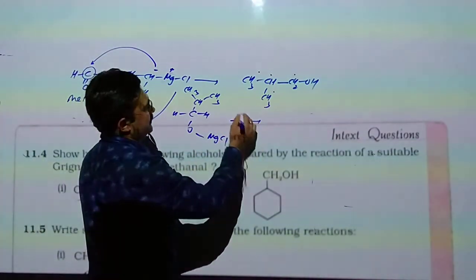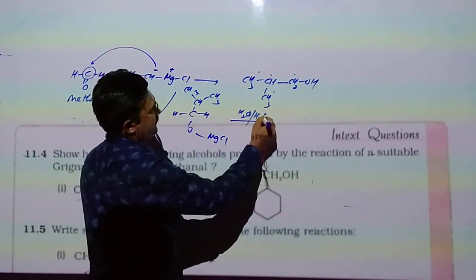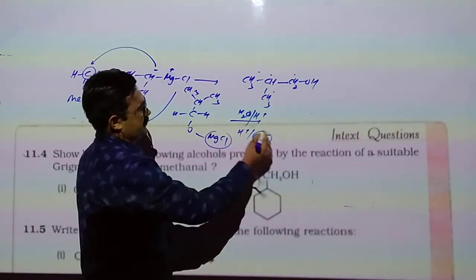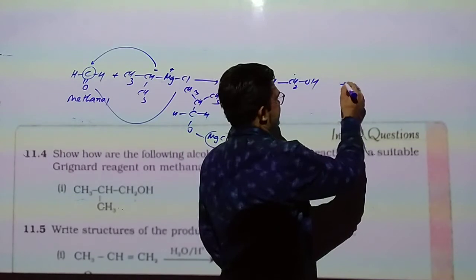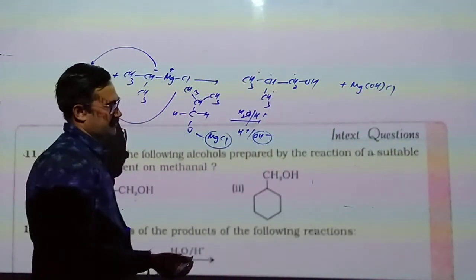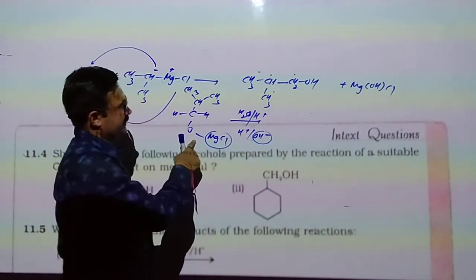Now hydrolysis in the presence of acid, H plus and OH. MgCl is removed with OH as MgOHCl. Understood? And H combines here.